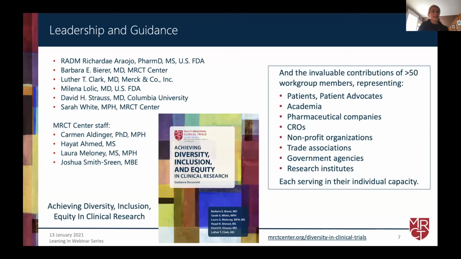The diversity work group was led by Richarde Araujo of the US FDA, Barbara Beer of the MRCT Center, Luther Clark of Merck, Milena Lolek of the US FDA, David Strauss of Columbia University, myself, and along with the amazing work of our internal team have created the document that you have access to today and that we have talked quite a bit about.